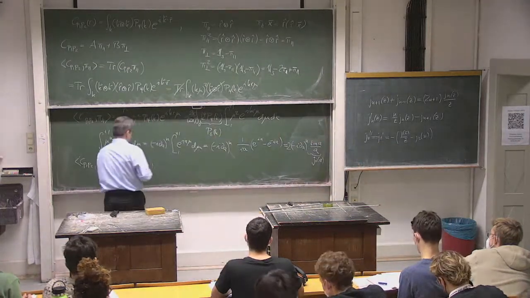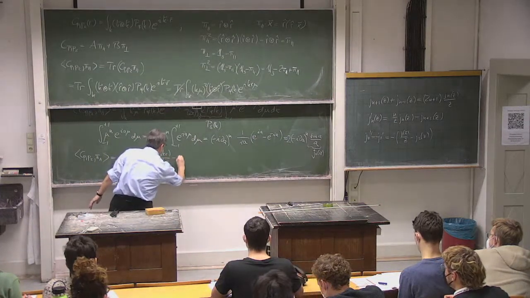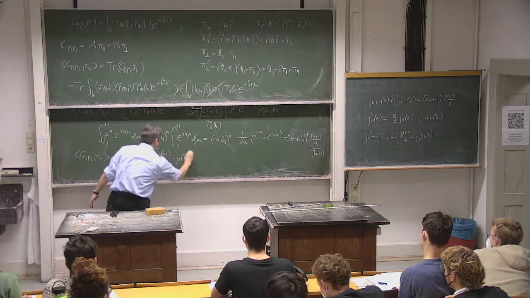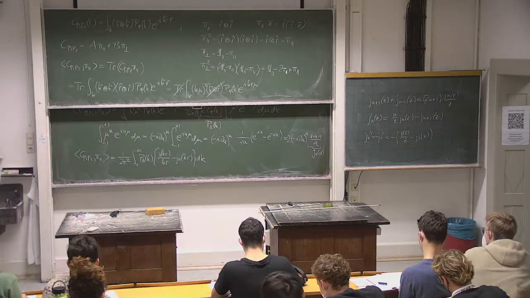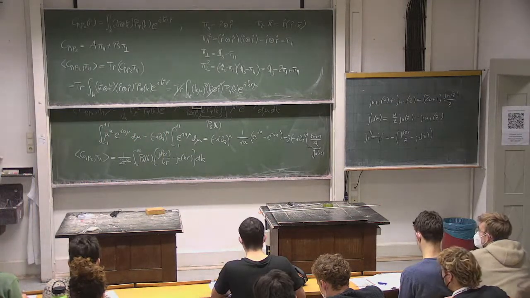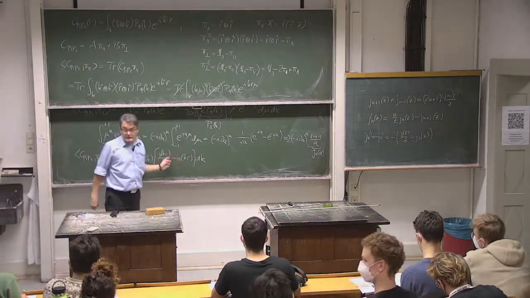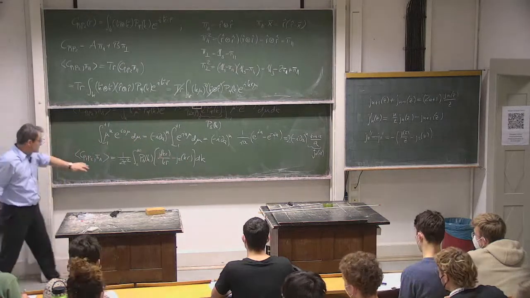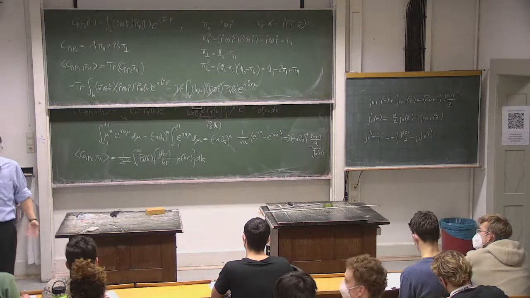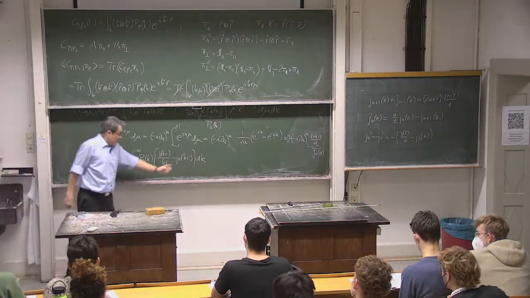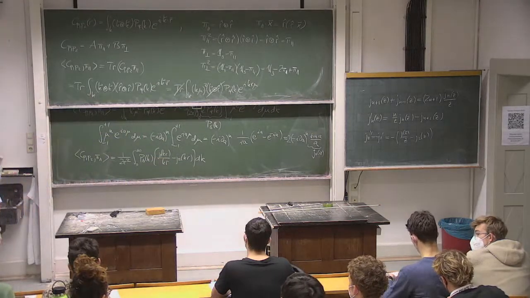So we have j1 of kr divided by kr minus j2 of kr. And the whole thing integrated over dk. Okay? Later we are going to split this again, but okay. So in other words, once you know one power spectrum, the power spectrum for the density fluctuations, then you can calculate this function here.